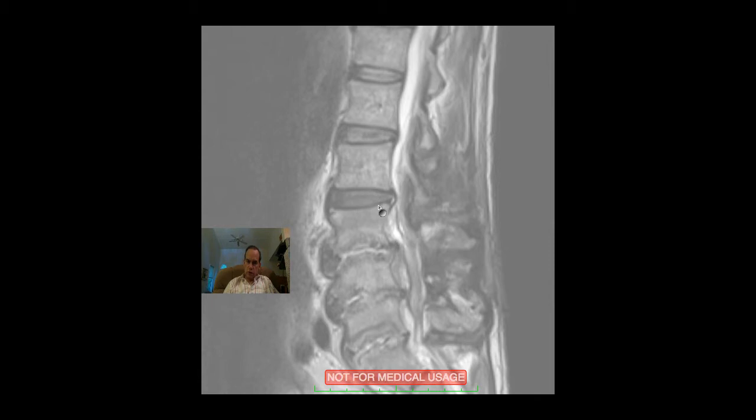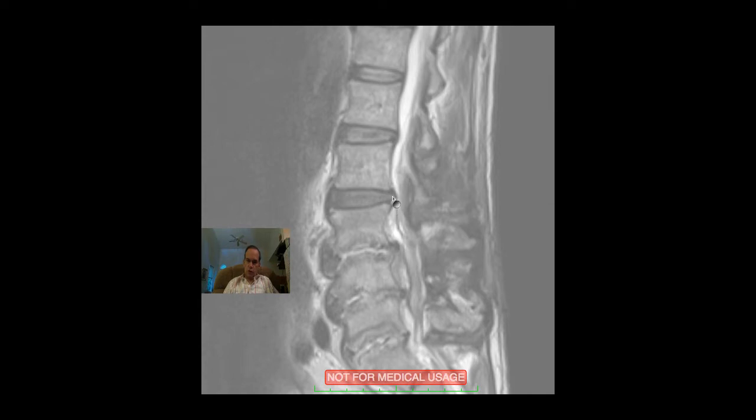Here's a very mild early degenerative disc showing loss of the normal intervertebral disc signal, which we see more normally here and here, and you see a little bit of an excrescence of disc tissue that's pushing posteriorly and undermining the posterior longitudinal ligament. The posterior longitudinal ligament extends over the posterior aspect of the vertebral bodies and also over the intervertebral discs.